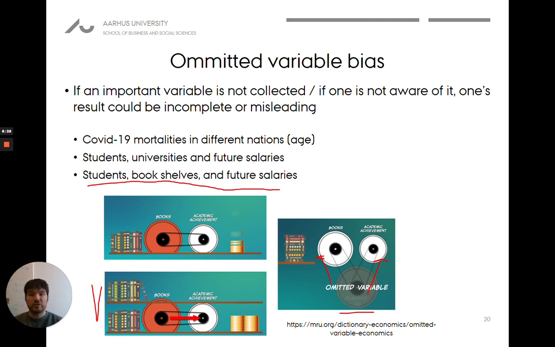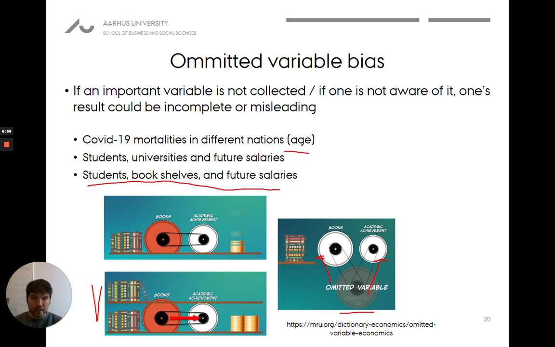If we don't consider that different countries have different demographics, so different countries have more or fewer old people, and the fact that older people are more at risk of dying of COVID-19, then we risk making the wrong conclusion that certain countries are better at preventing COVID-19, while the main reason actually could just be that some countries or some areas simply have fewer people of old age, which is then the reason why they have fewer people dying of COVID-19.